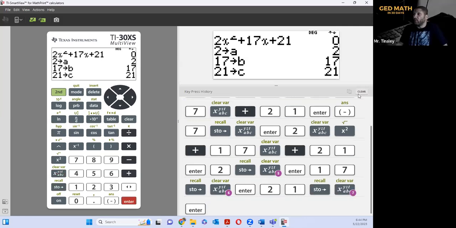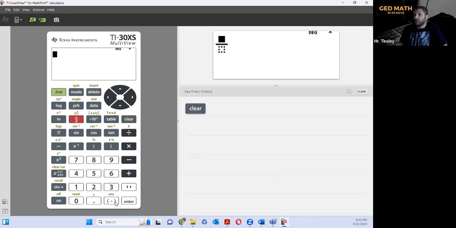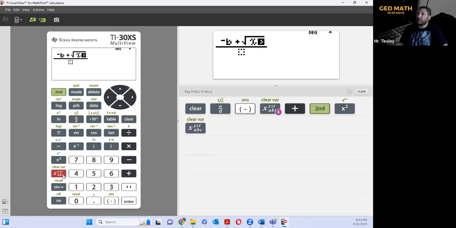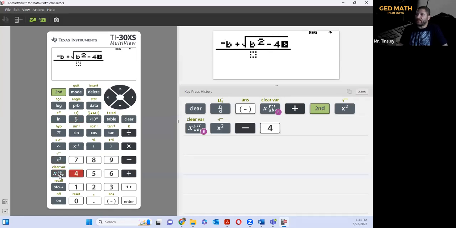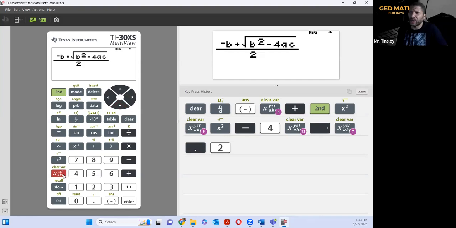And then if you went through the eBook, I'll show you how to do -b plus square root of b squared minus 4ac, all over 2a. That's the formula. That's the quadratic formula.